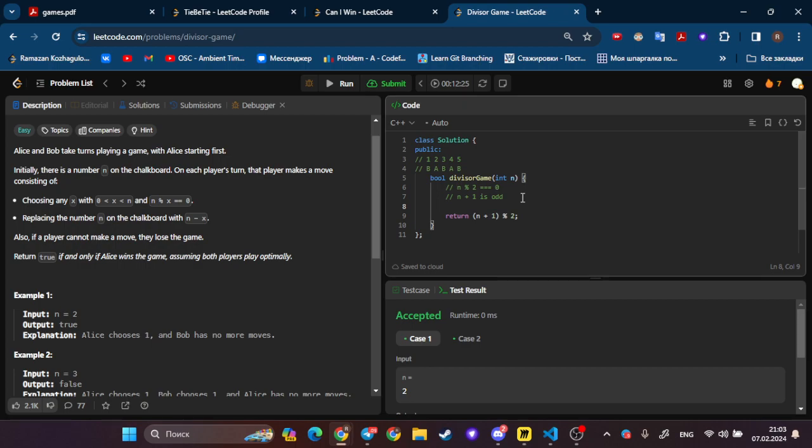Okay, it means the first player can just subtract 1 and get n. Okay, and we get that if this is the first player, the first player will win because he made a step to a P position.